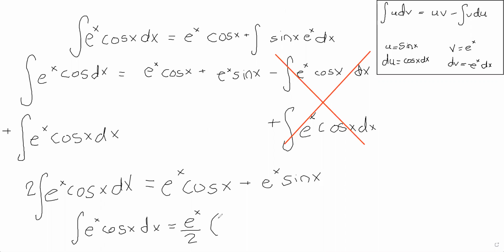It's going to be e to the x over 2 times sine of x plus cosine of x. And then, sorry, I'm OCD about the way things look sometimes, plus c. Well, I hope you guys found this useful, and I'll see you in the next video.